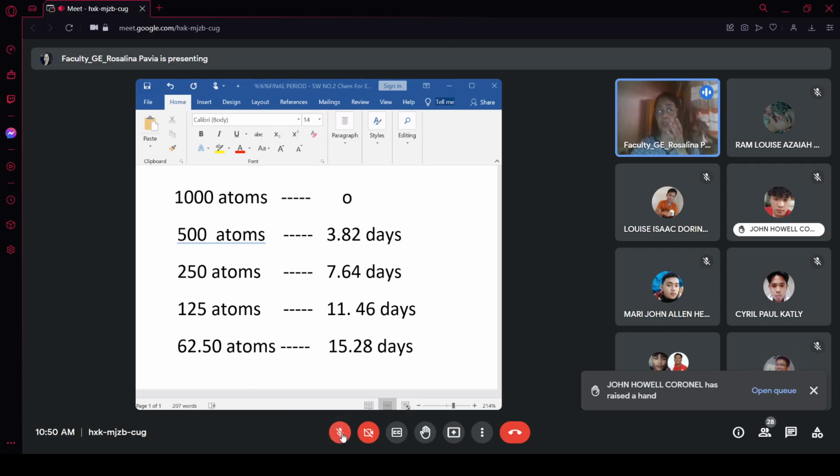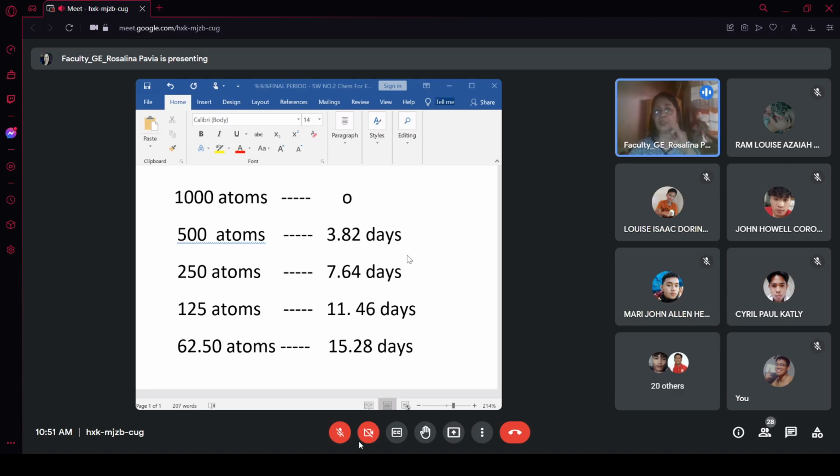Ano yun, Mr. Coronel? Ma'am, kaya po nakuha yung 7.64, 11.46, pinag-add lang po yung 3.82. Yeah, kasi this is the half-life eh. Every 3.82 days, mahahati yung amount ng isotope. Pag sinabi kong isotope, that is actually the nucleus.